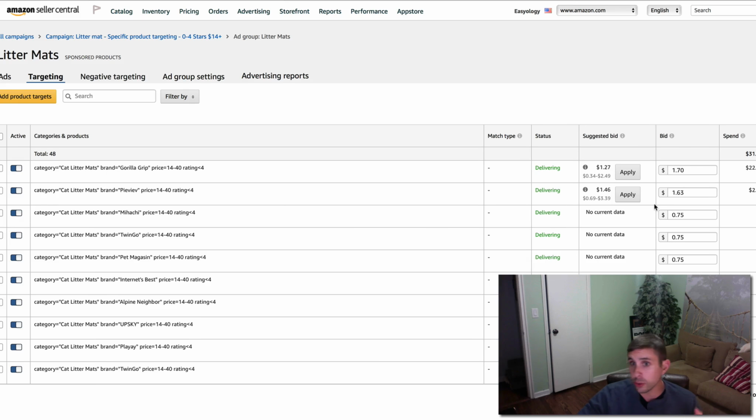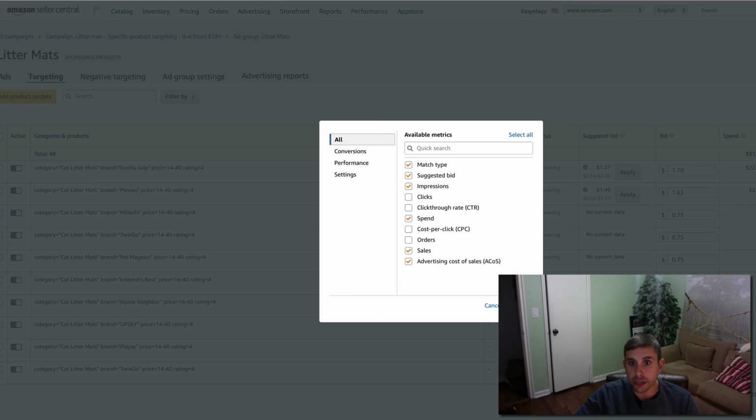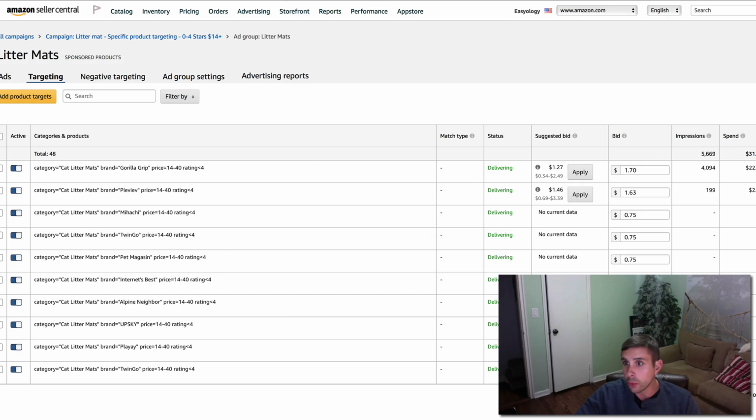And then you can start to adjust the keyword bid prices based on whether or not you're getting impressions. So what you can do is go over and customize the columns and then add impressions. And you can see that some of these, we're getting a really good, this is really awesome right here. Some of these are getting no impressions. So we want to jack up the bid prices to try to get some impressions for this particular brand that we're targeting.